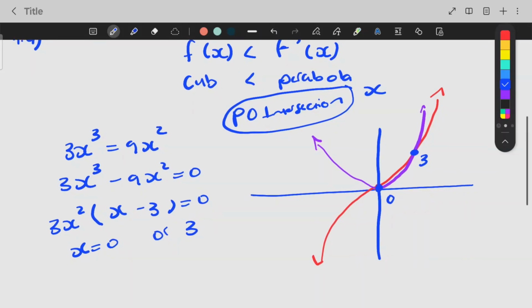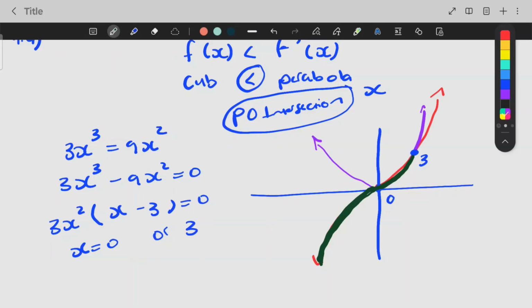The question is, where is the cubic below the parabola? So the cubic is below the parabola from here to here, and then again from here to here. It's actually below all the way down here, this whole part.